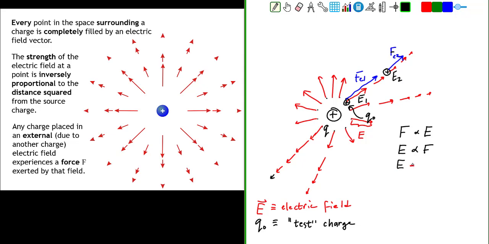The constant of proportionality is the charge that we put in the field. This actually defines the electric field for us. The electric field is the force per unit charge acting at a point in space.